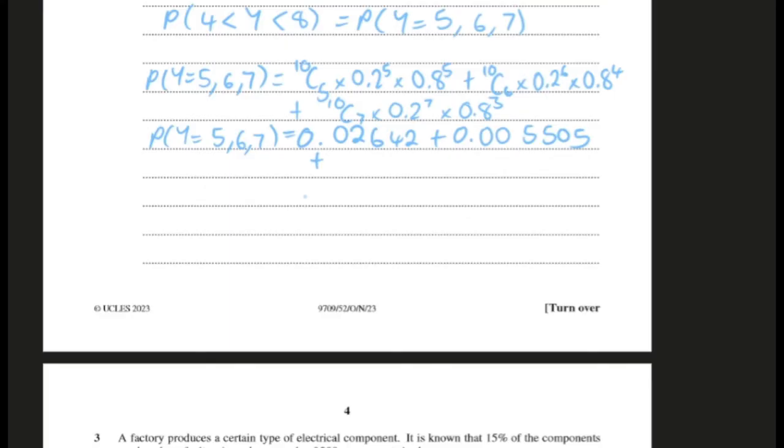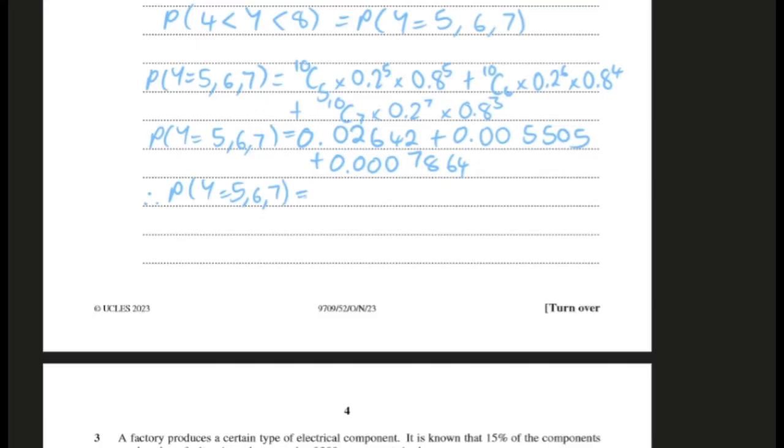That's 0.0007864. Let's add up the probabilities: 0.02642 plus 0.005505 plus 0.0007864, which is 0.0327, and that's our final answer.